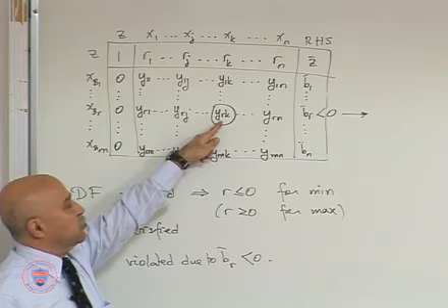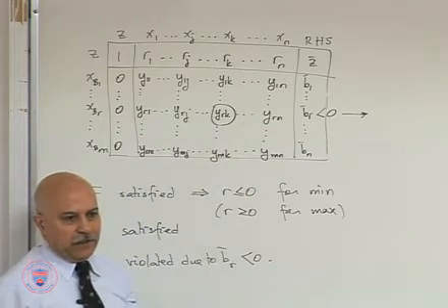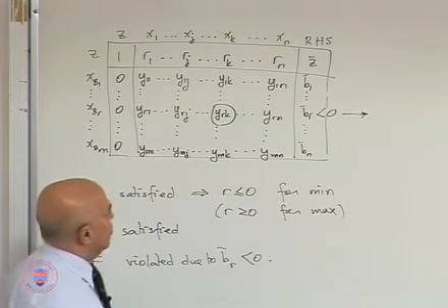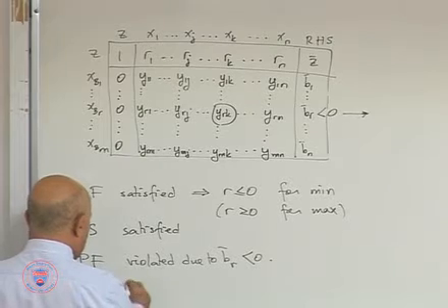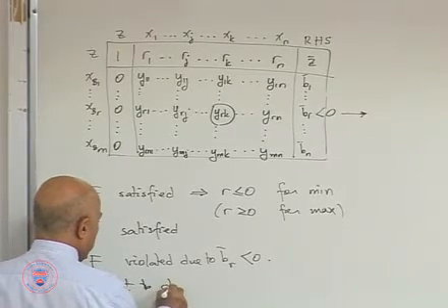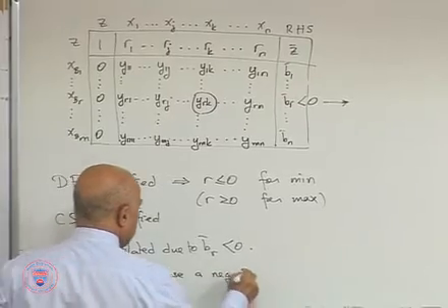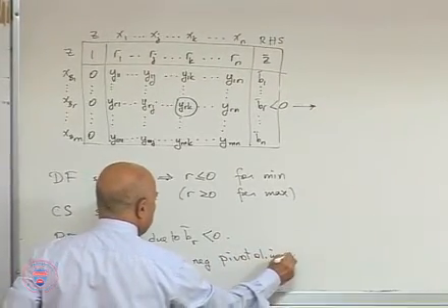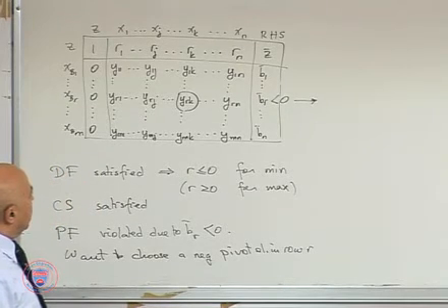And number two, it should be negative, because once you divide the pivot row by a negative number, this will turn positive. Okay? That's why you want a negative number. So, we want to choose a negative pivot element in row R. That's what we want to do.